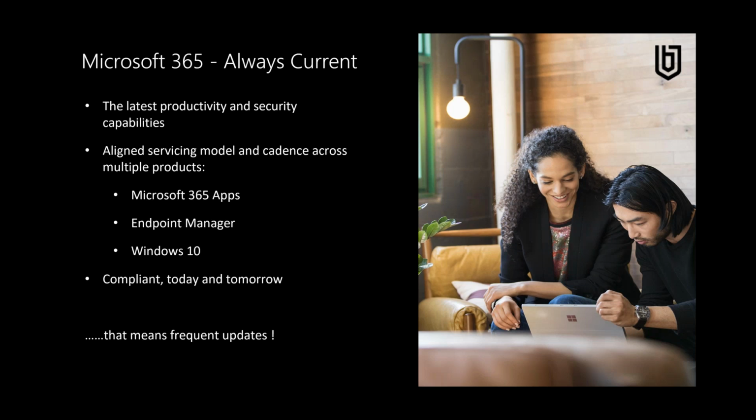A lot of it is online, being infrastructure services, but you still need to consider things like your Office applications and Windows. So I want to do a bit of a level set so that everybody understands what is out there and what you should be doing, and give you some pointers.